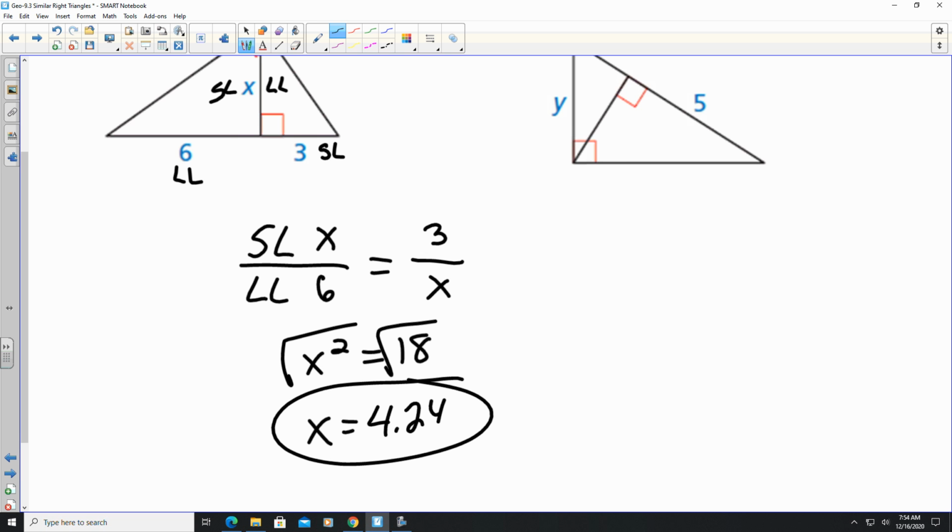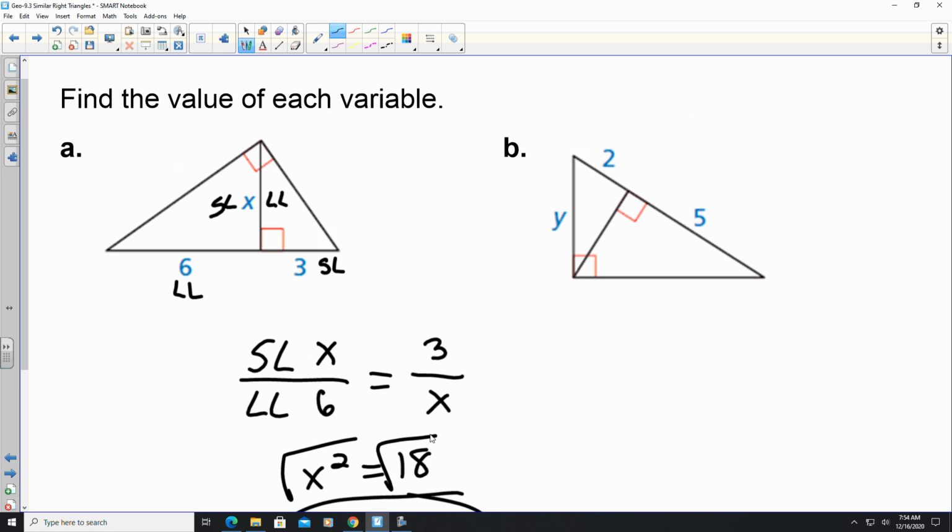All right, again, last one here, we'll look at B. With this one, same idea, only given two pieces of information, but it looks like we can use the short leg here, and also the small triangle and the large triangle. My apologies.